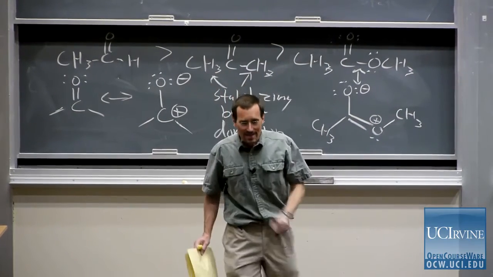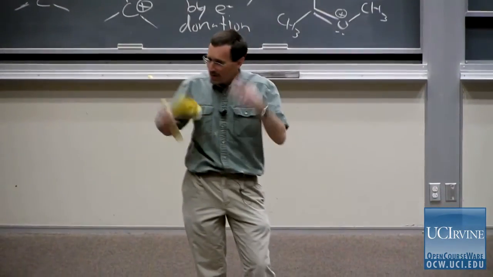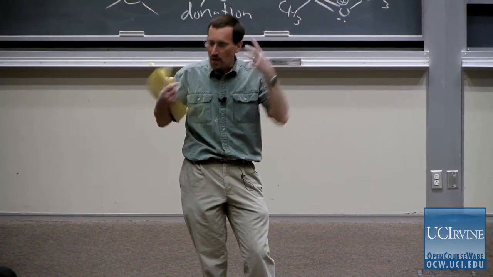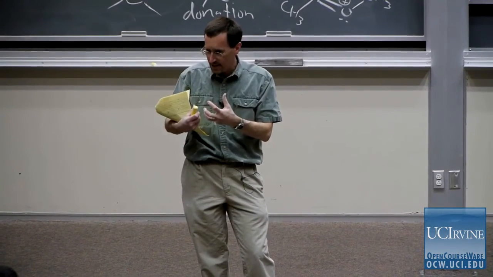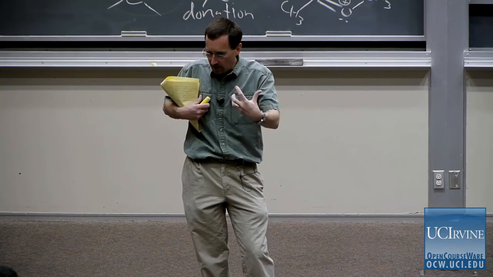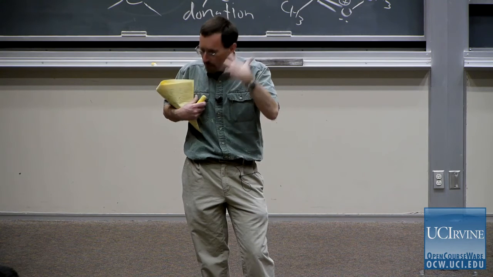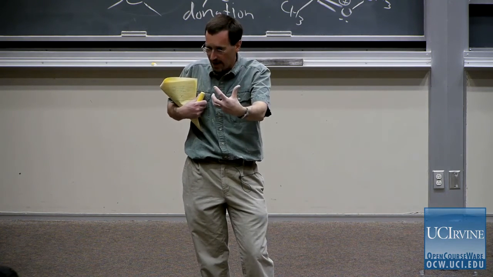The reason the answer is no in terms of contribution is we have two competing ideas. We have the idea that atoms want to have complete octets, and the idea that in general, when there's a choice, put the positive charge on the more electropositive, the less electronegative atom.